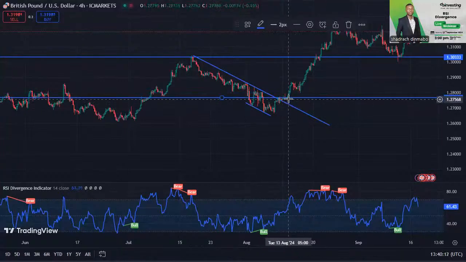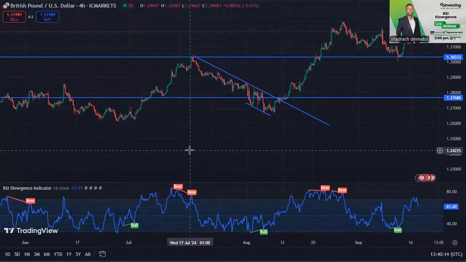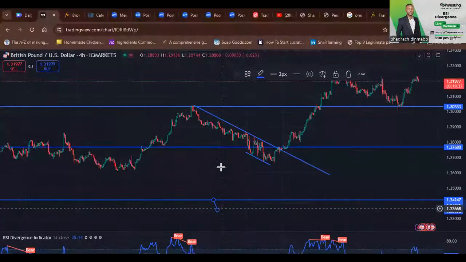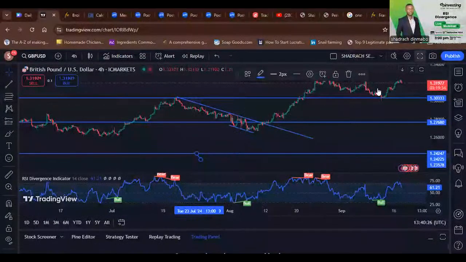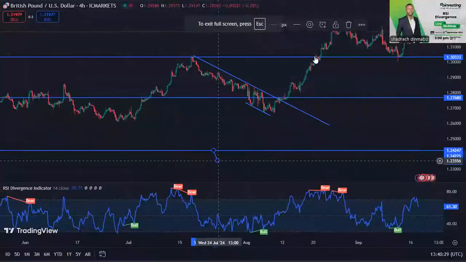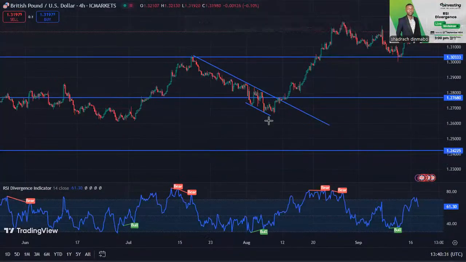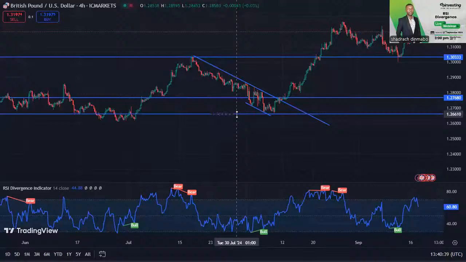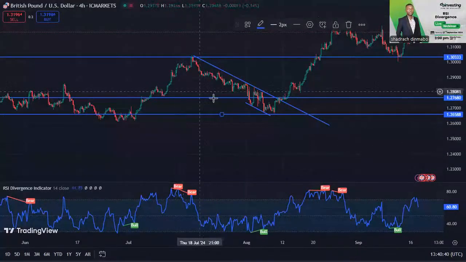We enter the market here for a buy. Our stop loss is going to be at this low here. Our take profit is at this particular resistance level.